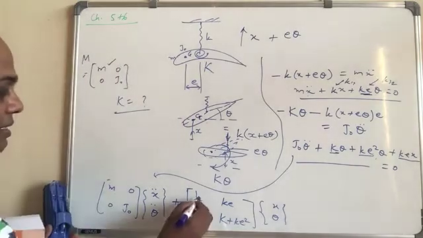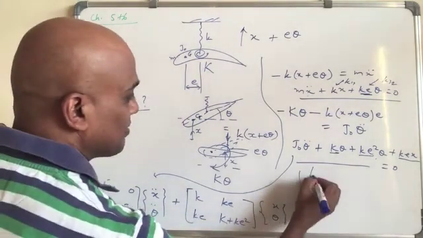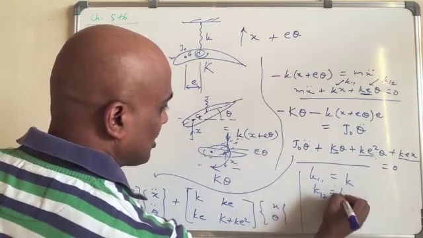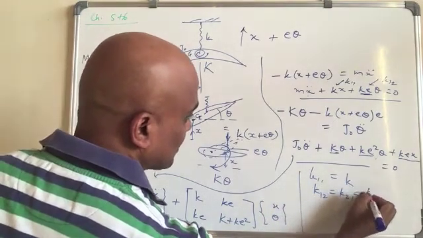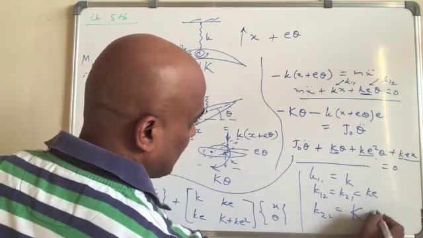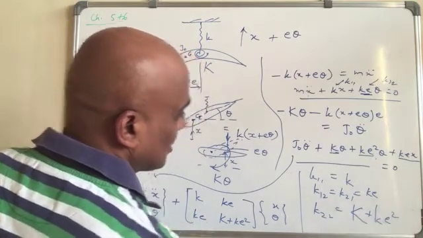So the values are simply k11 equal to small k, k12 equal to k21 equal to small ke, and k22 equal to big K plus small k e square.